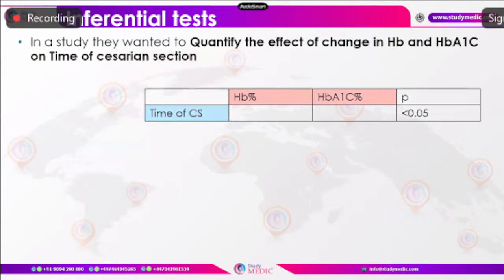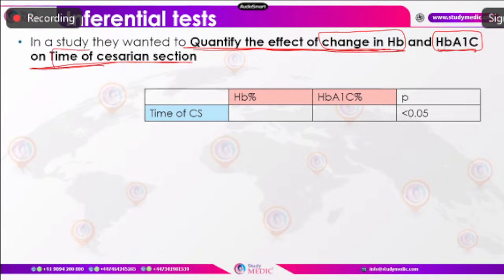Now, in a study, if you are to do this regression, for example, they wanted to quantify the effect of change in hemoglobin. So a unit change in hemoglobin, how much change does it cause to the time of cesarean section? Now you can see one is change in hemoglobin, another one is HbA1c, on the time of cesarean section.